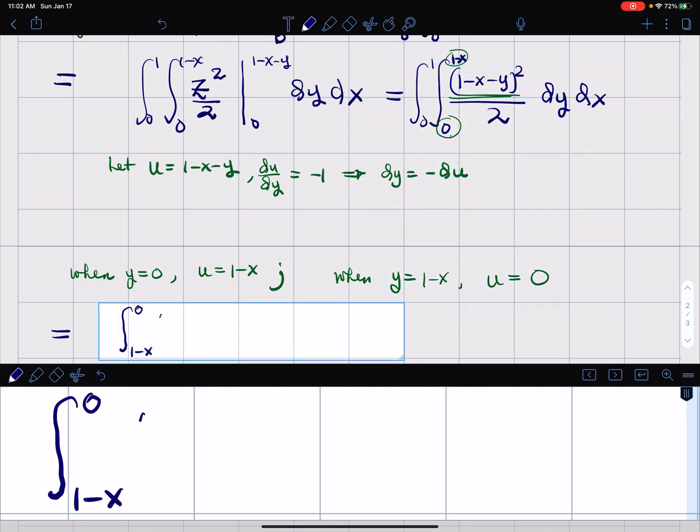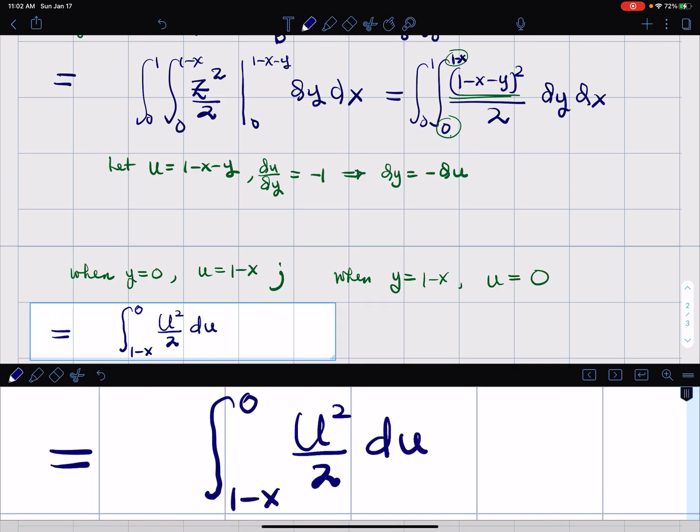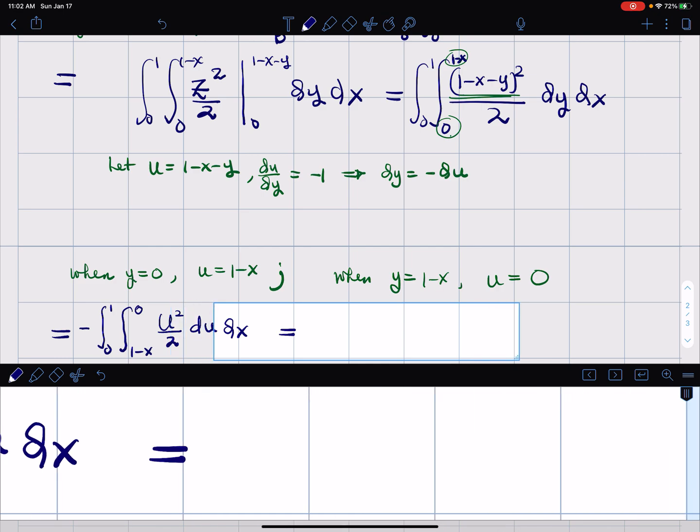So this becomes u squared over 2. And then dy is negative du. So we have du, and we throw a negative outside there. And we're going from 0 to 1. And then we have dx. Okay? So it makes it look a little easier, a little more doable.